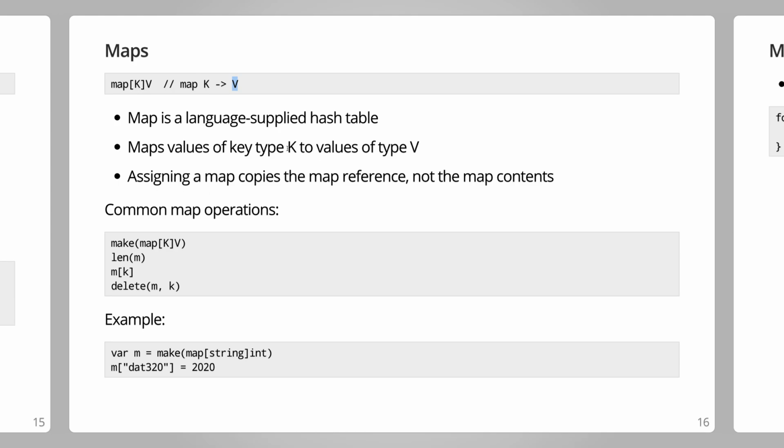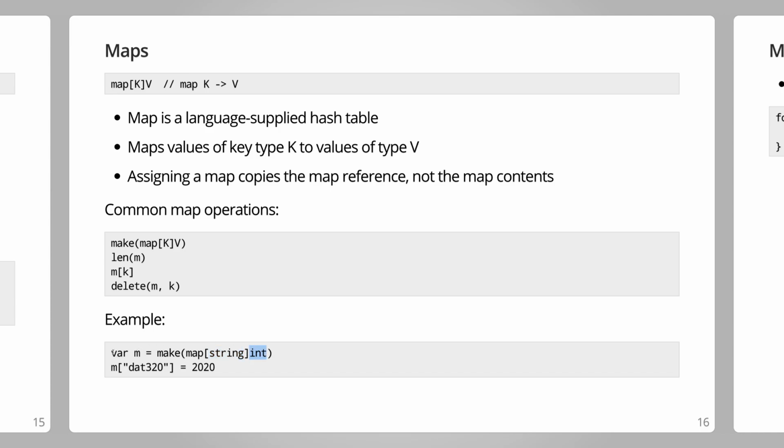These are just user replaceable, and here you see an example of how you would use a map. The make function can take either a slice or a map, and you would specify something like this in order to create a map from a string key to some integer.